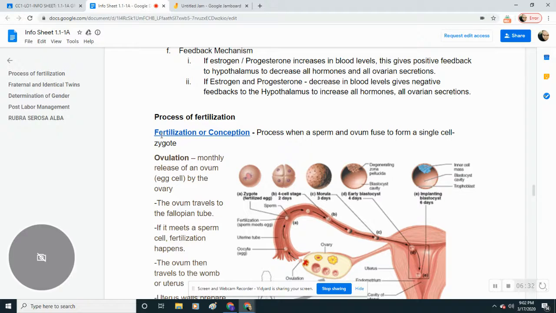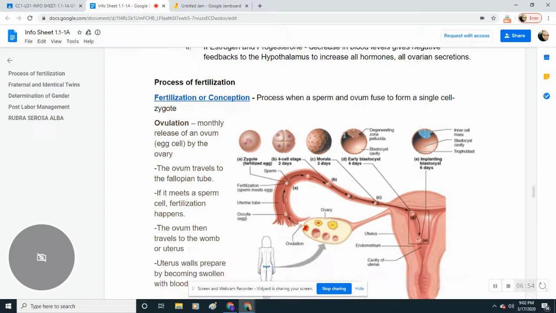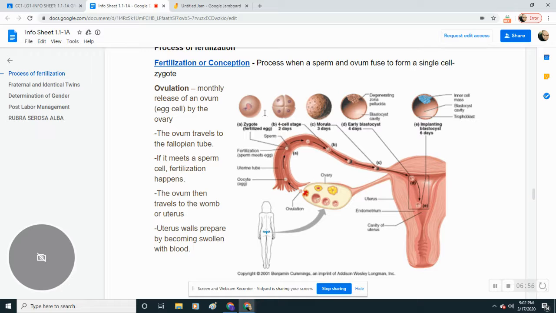Fertilization is the meeting of the egg cell and the sperm cell, also sometimes known as conception. It's the process when the sperm and ovum fuse to form a single cell. As you can see here, the egg cell during ovulation was released by your corpus luteum.